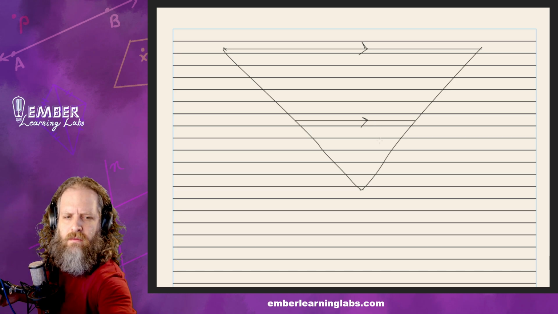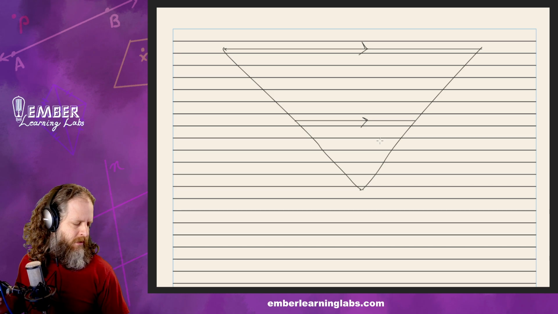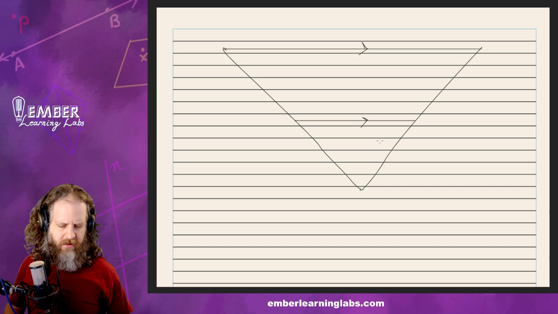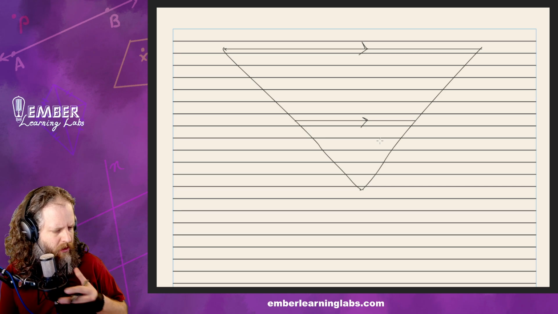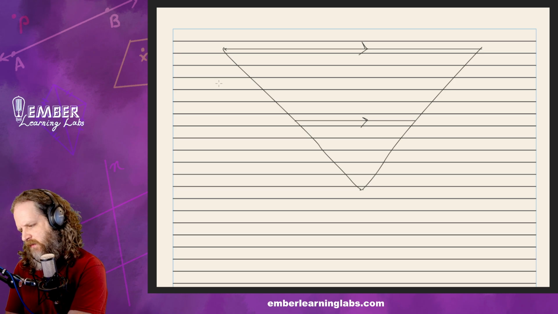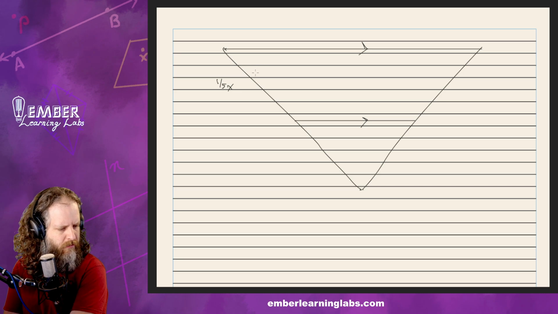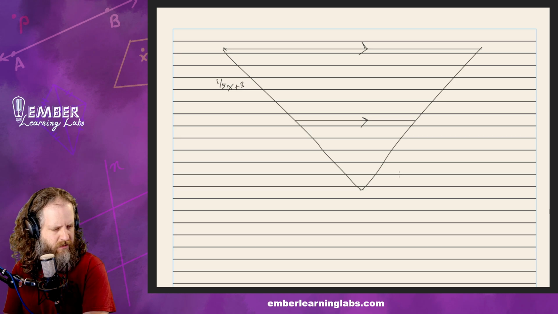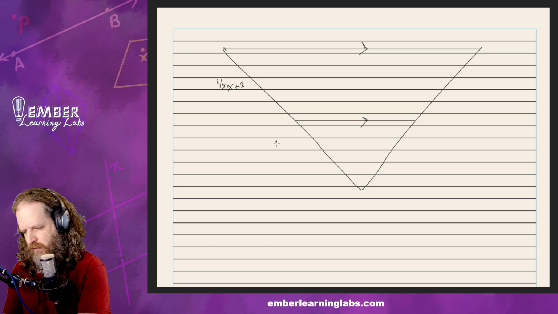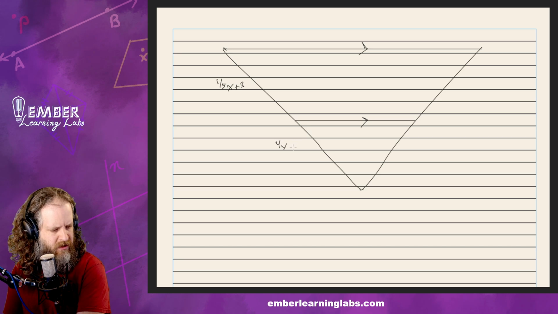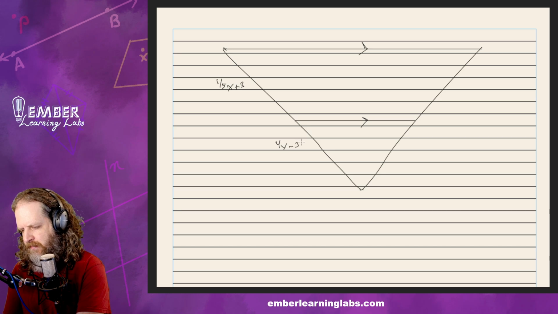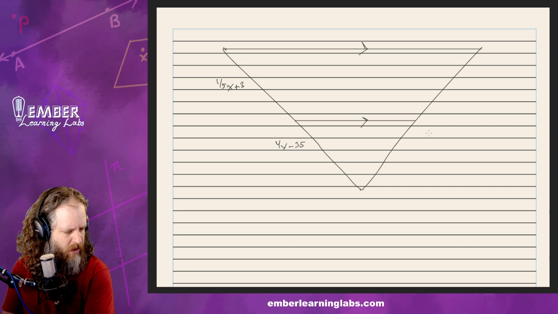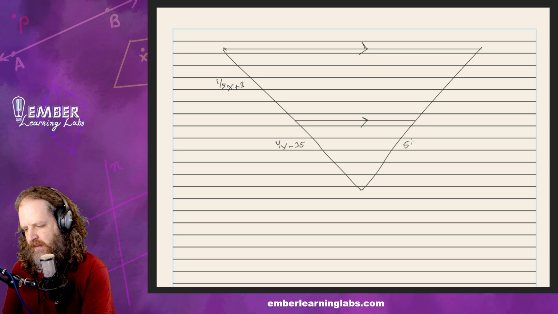And we've got 1/5 X plus 3 here, and we've got 4X minus 35 here. We have 5Y minus 8 over here.